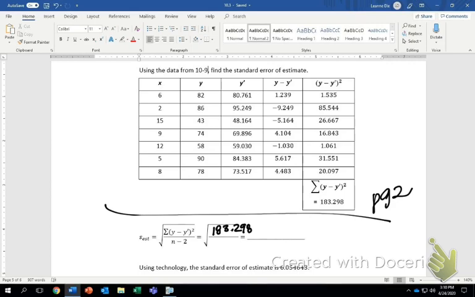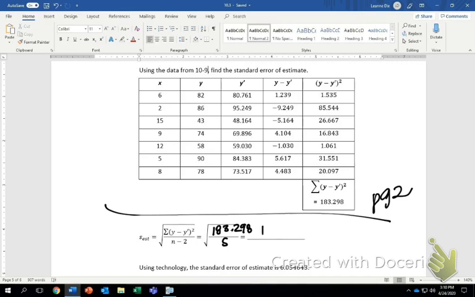So we're going to take our 183.298, and we're going to put that over the degrees of freedom, which is n minus 2. So we have 1, 2, 3, 4, 5, 6, 7 values. 7 minus 2 is 5. And so we'll take a calculator and we'll find out what 183.298 divided by 5 equals.